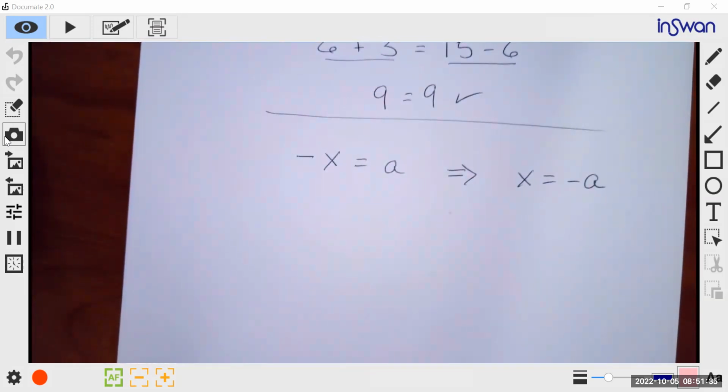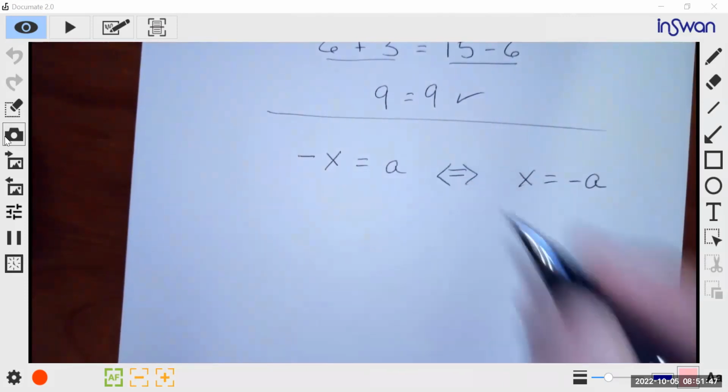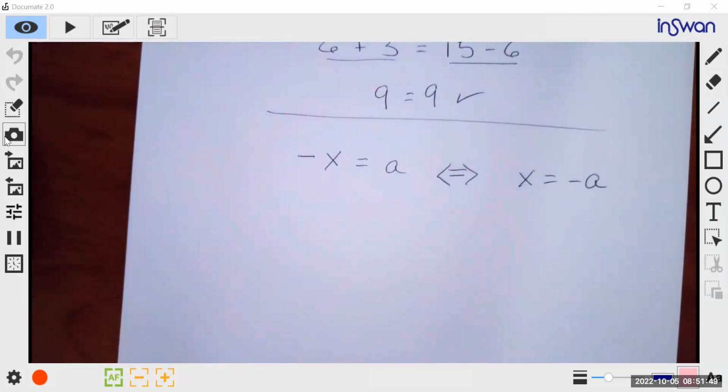True or false? Are both of these things equal? I should even do this. It's true.